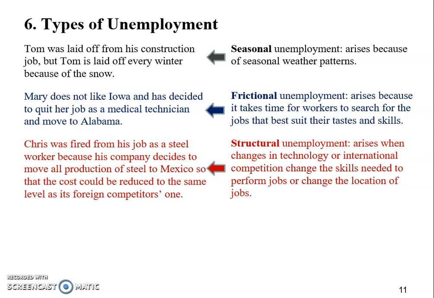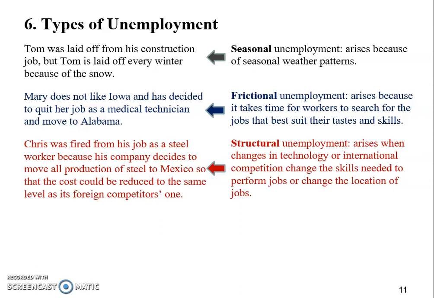Now, an example could be in the 1990s, we saw the massive use of computers in the workplace, but some workers' knowledge or skills were outdated. They could not work on computers, so they were unemployed.